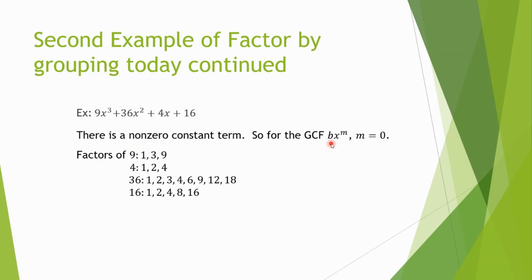So going back to this b, which is the greatest common factor of the coefficients and the constant term, it's 1. So our GCF then is just 1 times x to the 0, which is 1. Okay, so the GCF is 1.